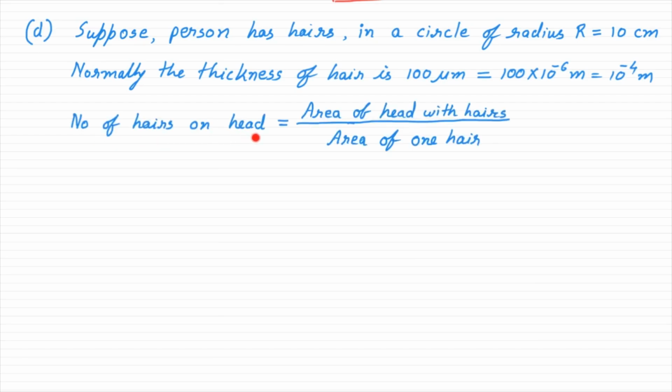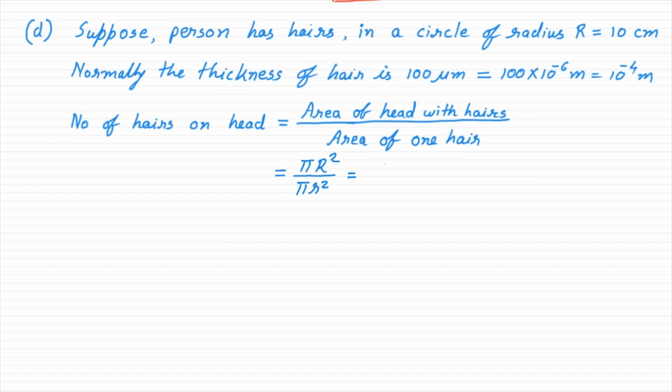Number of hairs on head is equal to area of head with hairs divided by area of one hair. Obviously the area of head will be pi capital R square, where capital R is the radius of head, divided by pi small r square, where small r is the radius of one hair. So this pi will cancel out and we can write R square over r square.